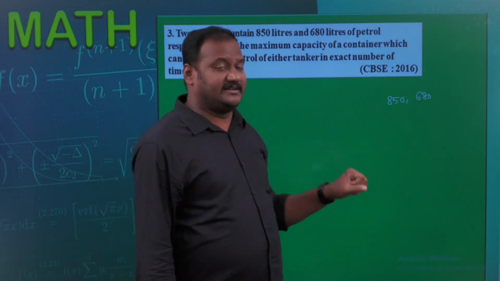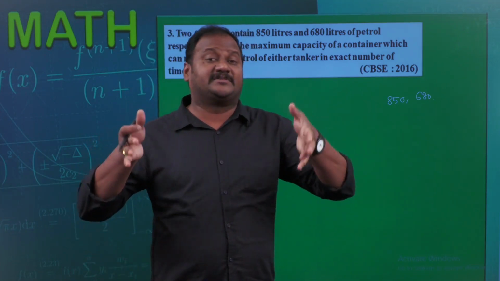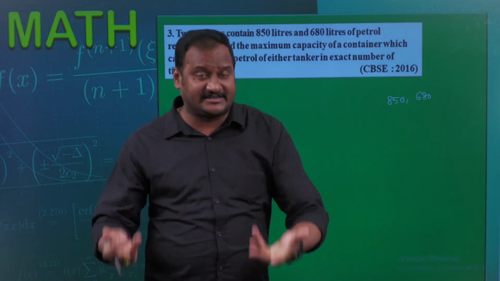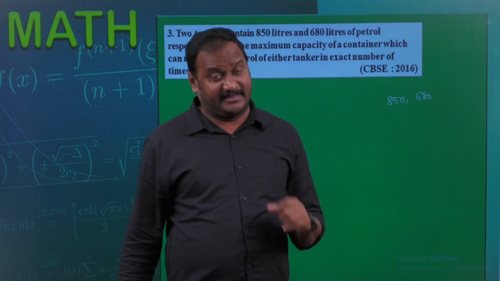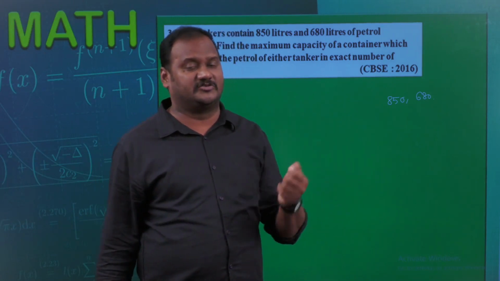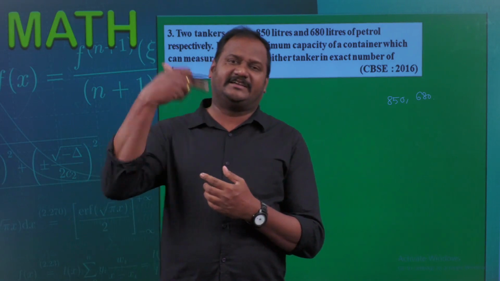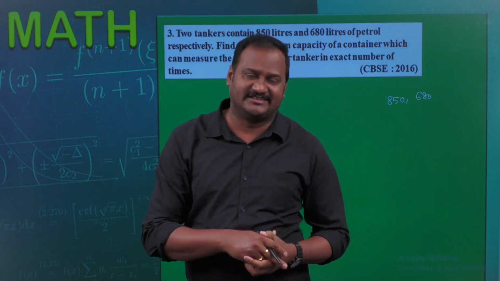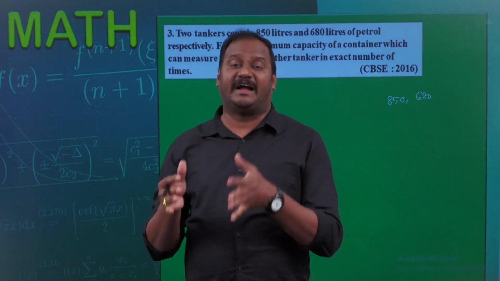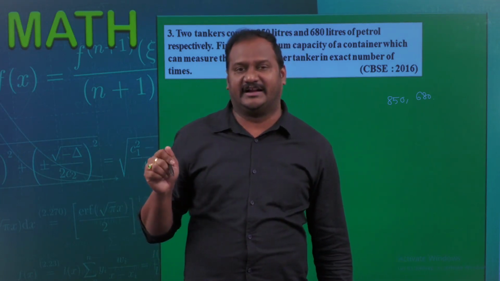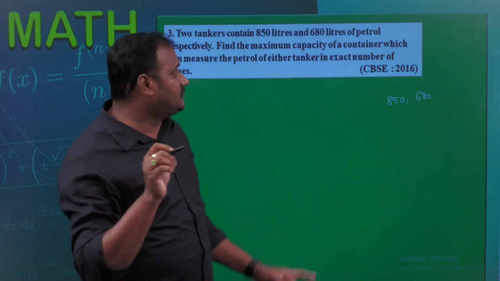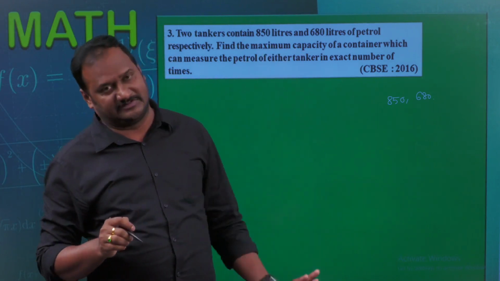So you need to find the greatest number which divides both the numbers. That is the highest common factor of the two numbers. So it is understood that you are asked to find the HCF of these two numbers.